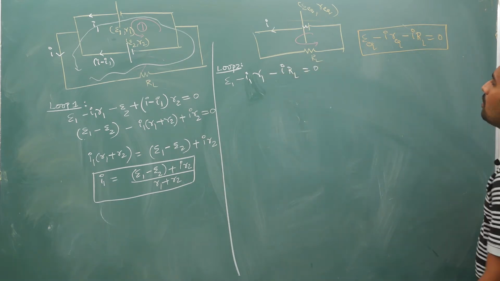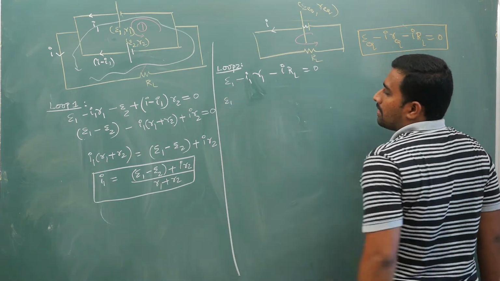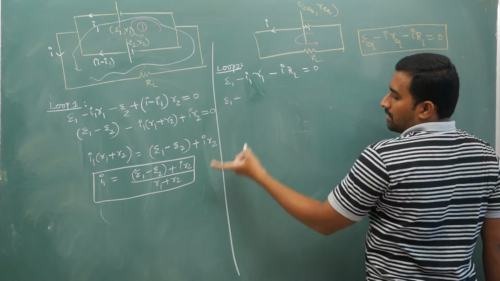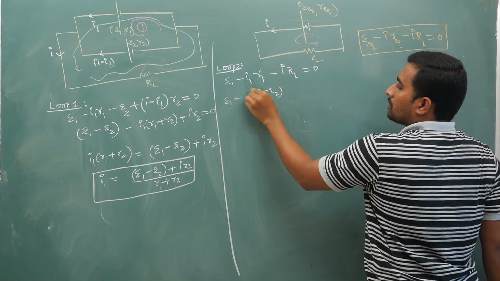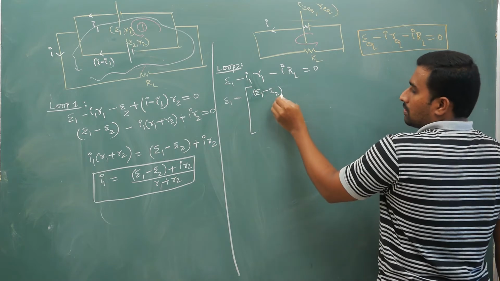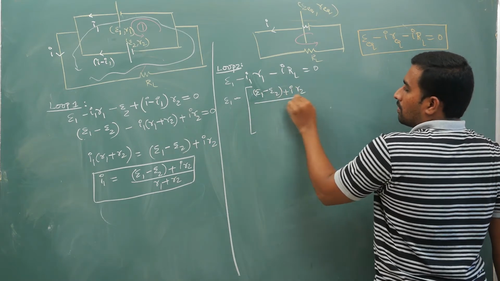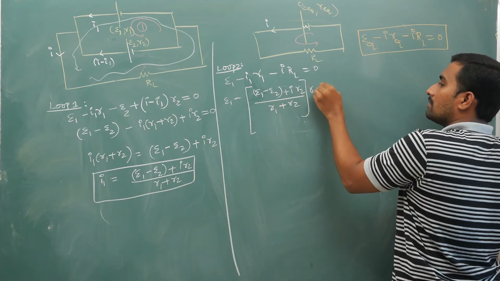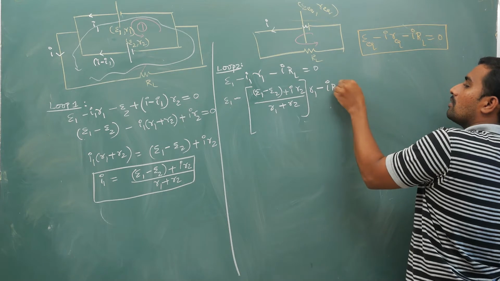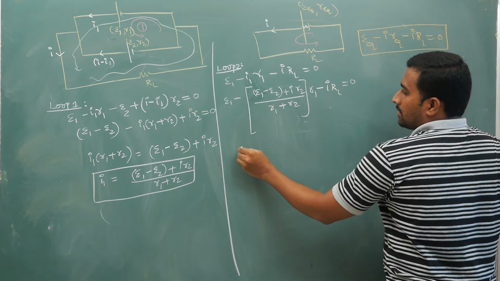Now this will give you E1 minus I1 times R1, where I1 is (E1 minus E2 plus I R2) by (R1 plus R2), minus I times R load is equal to 0. So I will cross multiply.